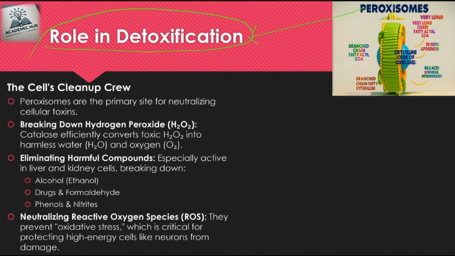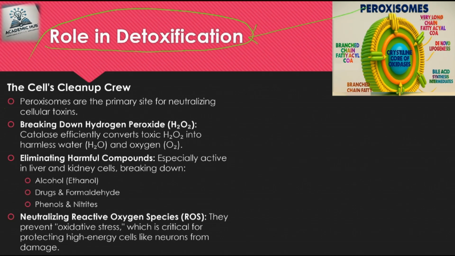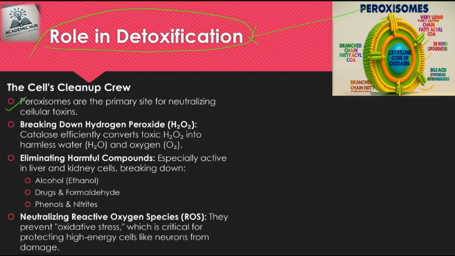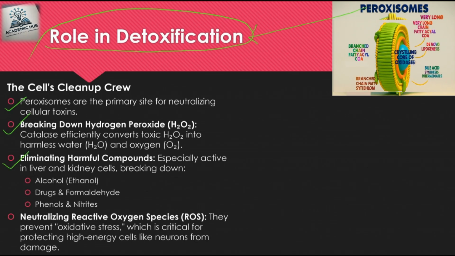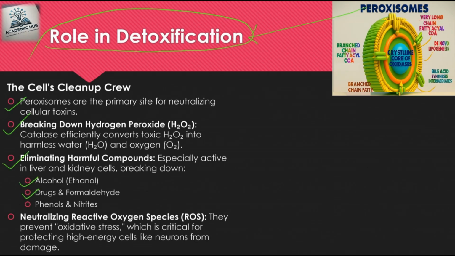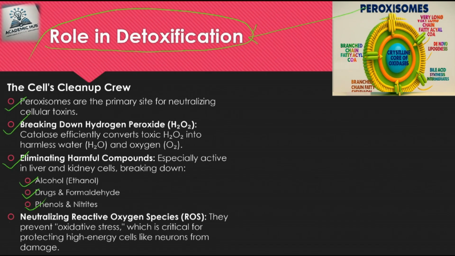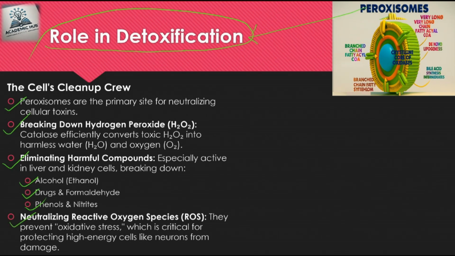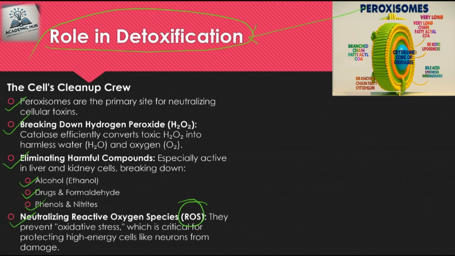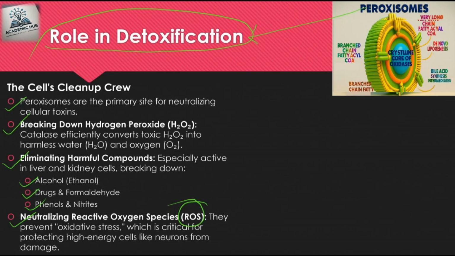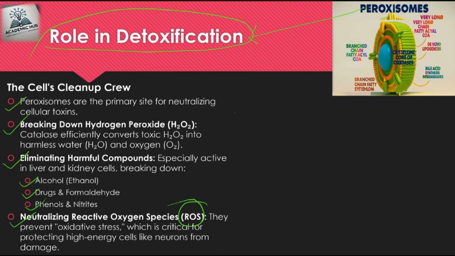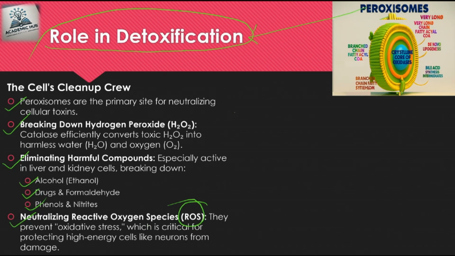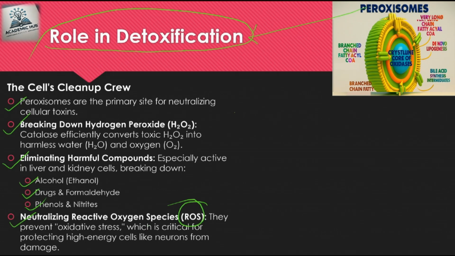Cells are the primary site for neutralizing cellular toxins: breaking down hydrogen peroxide, eliminating harmful compounds like alcohol, drugs, and phenols, and neutralizing reactive oxygen species. The most important feature is how reactive oxygen species are formed and how they are neutralized by the enzymes. So we will know it step by step.